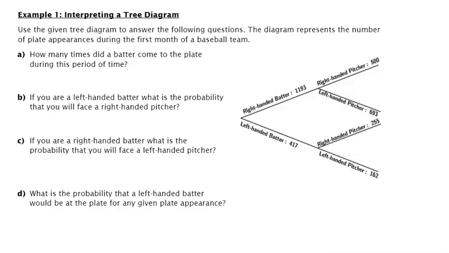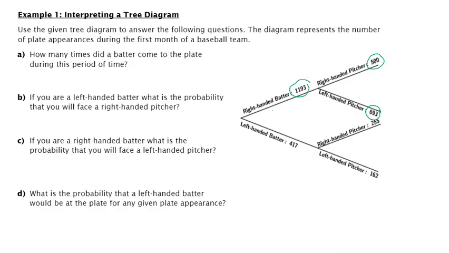When we look at this, just to break it down, for example, right-handed batters. For this league, there were 1,193 right-handed batters, and of those, 500 bats were against a right-handed pitcher, and 693 were against a left-handed pitcher.